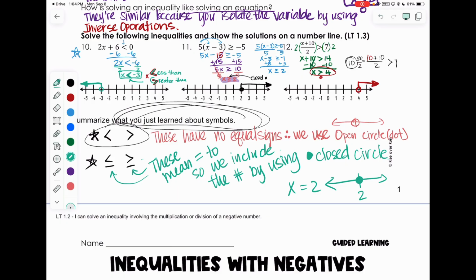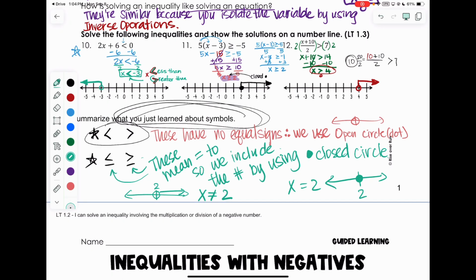And the opposite, what if it was x is not equal to 2? How would you graph that? Put dots on everything? Open circle on 2, because that's the one spot we don't have any answers, and we would shade both directions.